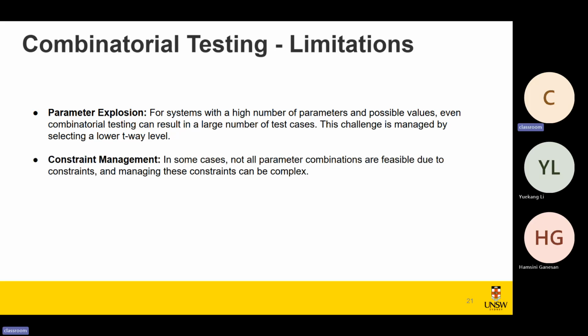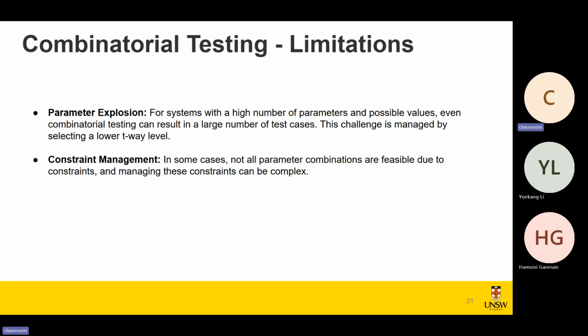Another problem is that there could be constraints between input parameters. Some input parameter values are not practically meaningful if we combine them together. For example, you may still remember the radio button. If 2 values are exclusive, we can have either one of them, but it's not meaningful to put both of them together in our test case.